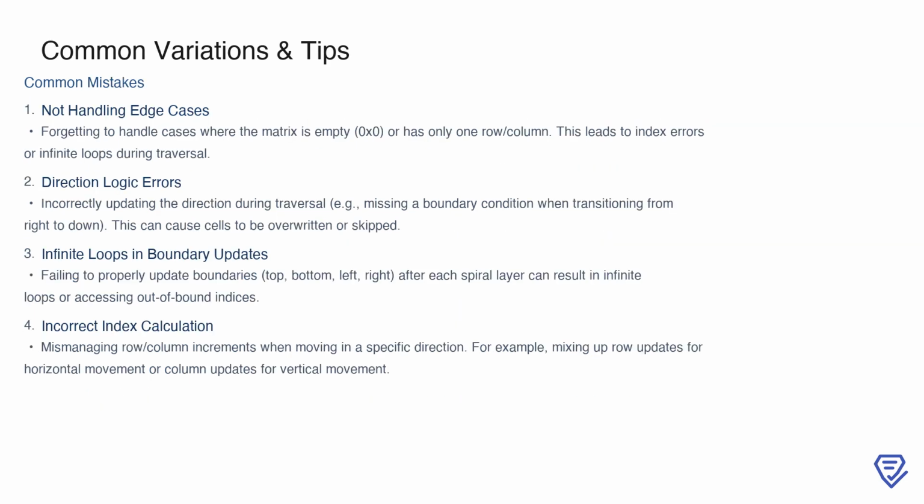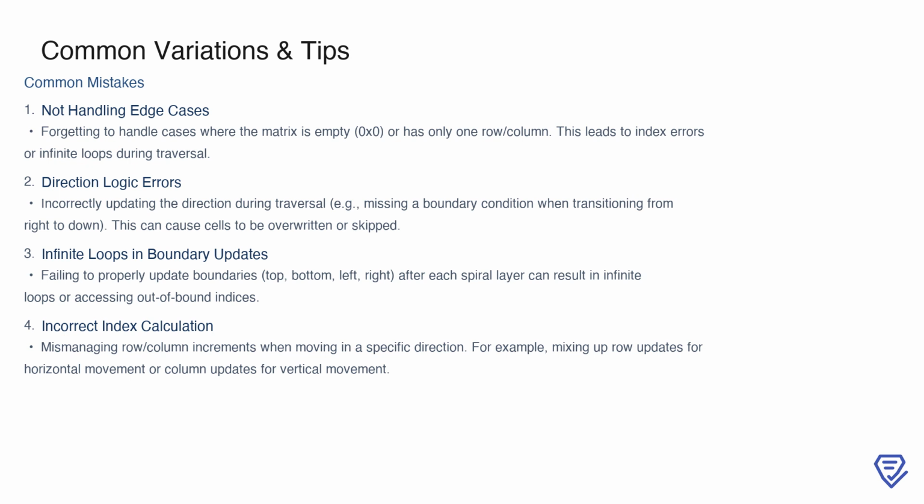When working on spiral matrix problems, there are a few common mistakes to watch out for. One of the biggest pitfalls is not handling edge cases properly. For instance, if the matrix is empty or has only one row or column, it's easy to encounter index errors or even infinite loops during traversal. Another frequent issue involves direction logic errors. This happens when the transition between directions, like from moving right to moving down, is mishandled due to a missed boundary condition.